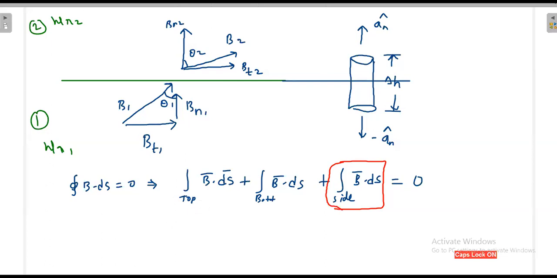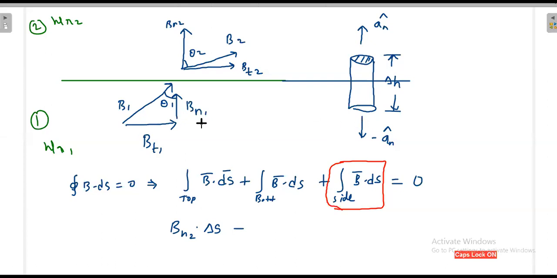So you will get Bn2 times that small surface, which I am taking as del s, because integral ds will definitely give you the surface.